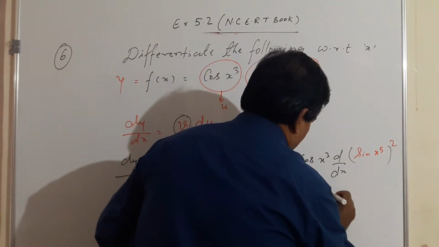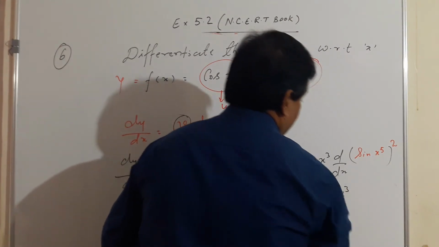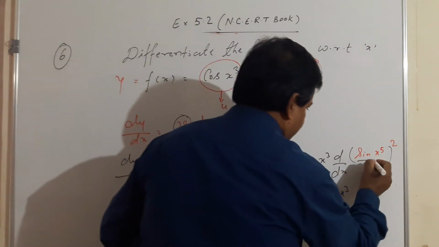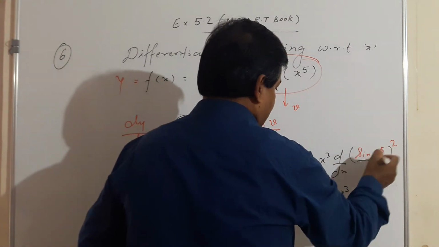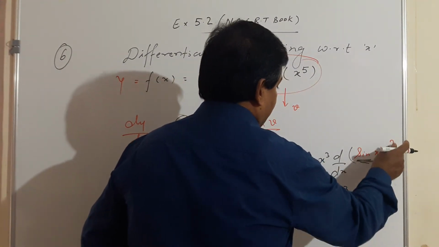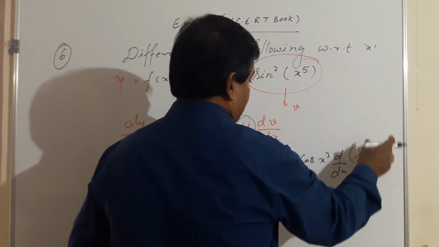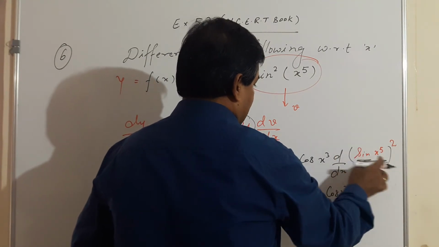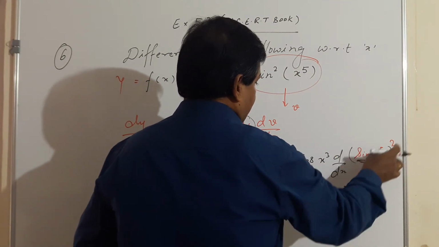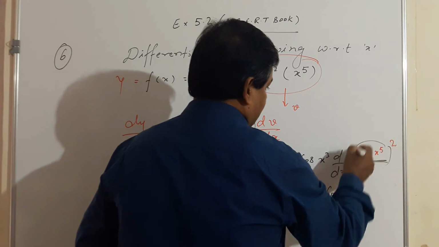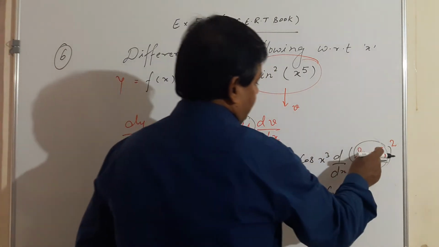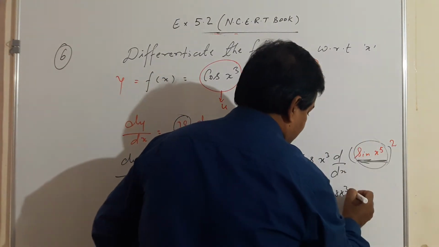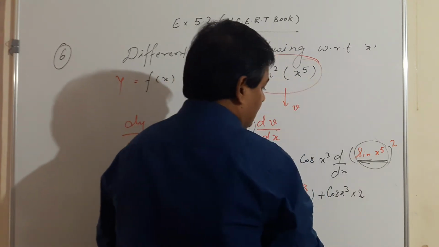here cos x cube. Now differentiation of sine square: first of all, we have to differentiate the power. Suppose this complete one is z. Differentiation of z square is 2z. So 2, what is z?